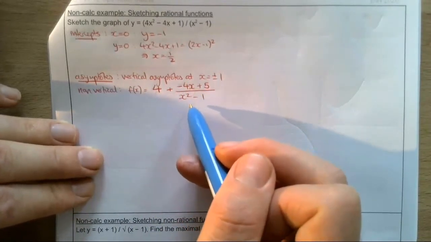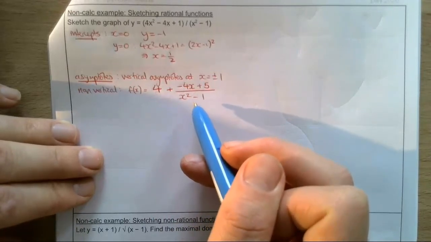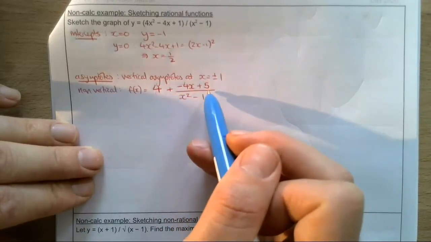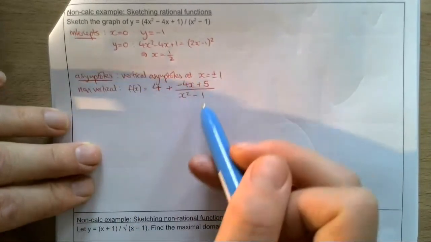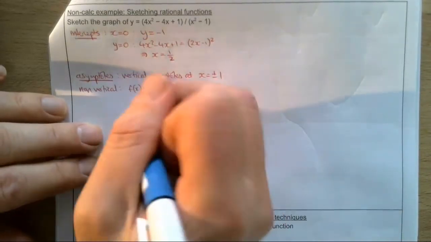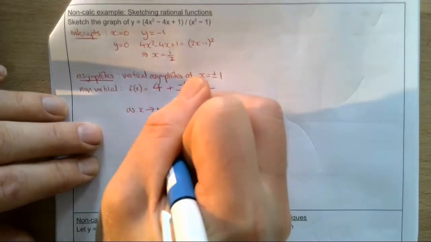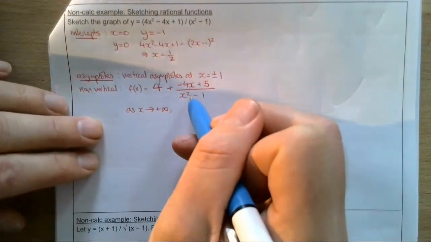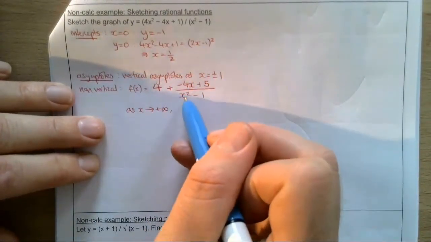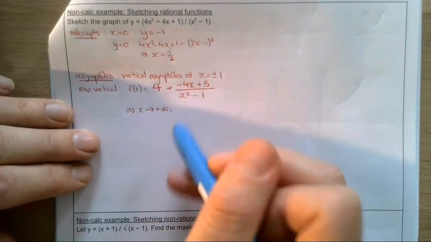If you want to do it a long way, you would do it via long division, formal method, and you would get 4 with a remainder of minus 4x plus 5. But either way, we have our expression now. And what we can see is, as x tends to positive infinity, well, this term, the fraction, is going to tend to 0 because the denominator is of a higher order, is x squared rather than x.